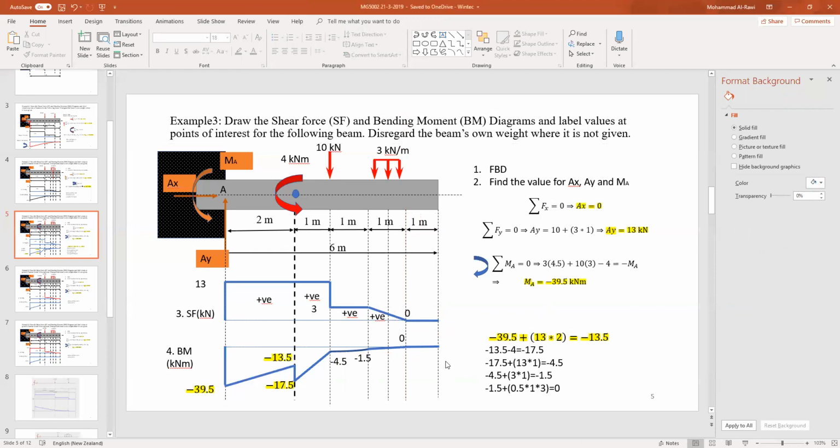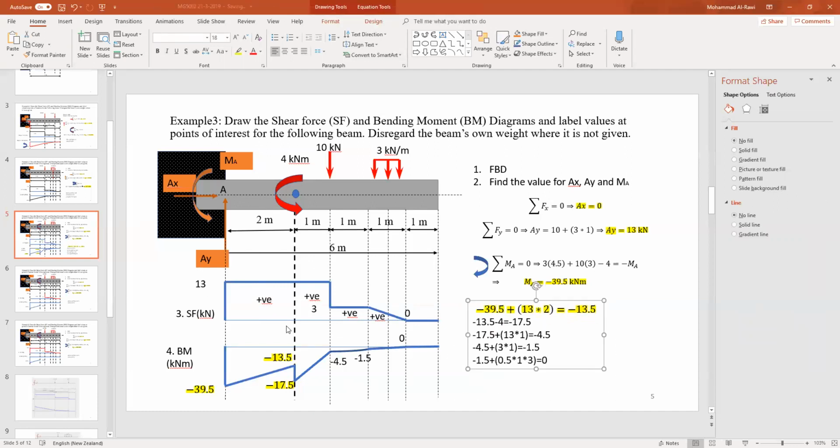So it's very important to take into consideration the 4 kilonewtons. I'll explain this very quickly now. So first of all, we have the minus 39.5 kilonewtons going downwards because of the direction of the moment. And then we take the area till this point.